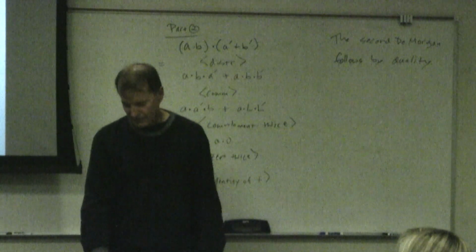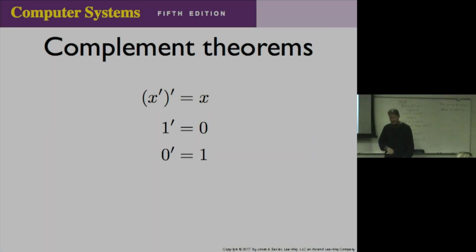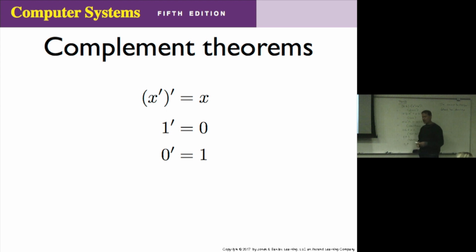Now, watch this. This next one is the complement theorems. There are actually 3 different theorems here. What was the first one called in formal methods? Yeah, this is double negation, basically, right? If you take the complement of x prime, you get x.